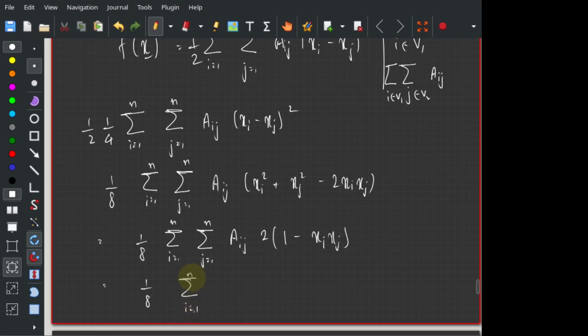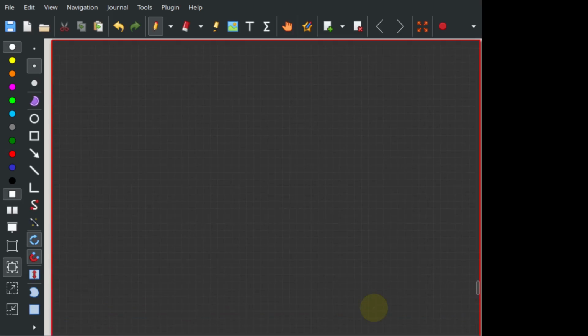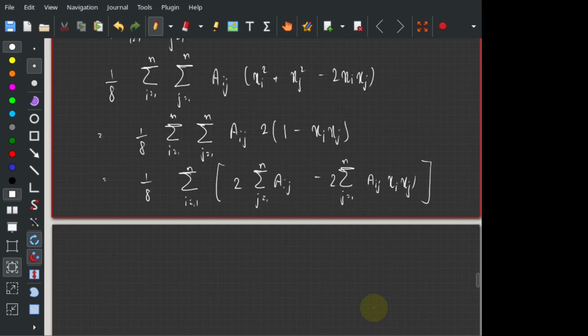Summation i equal to 1 to n of 2 times summation j equal to 1 to n aij, minus summation j equal to 1 to n of aij xi xj. Okay, I've done nothing but just split those terms.